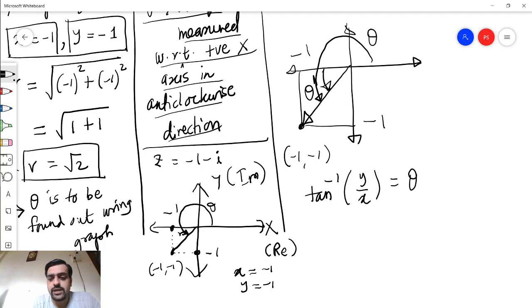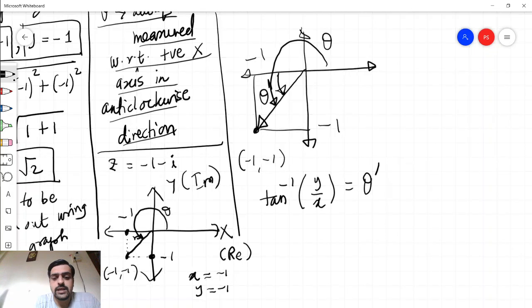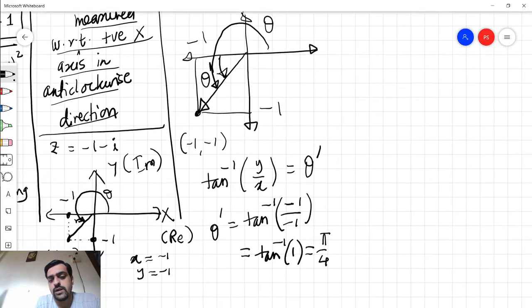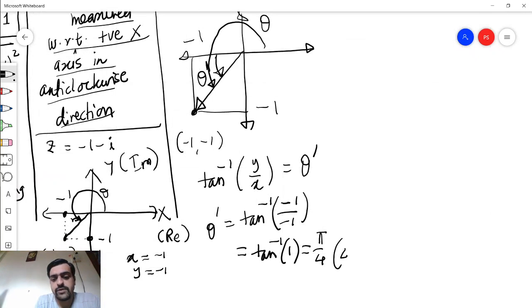So if we call this as theta dash, clearly theta dash would be tan inverse of -1 upon -1, which is tan inverse of 1. So this would be just pi by 4 or 45 degrees.